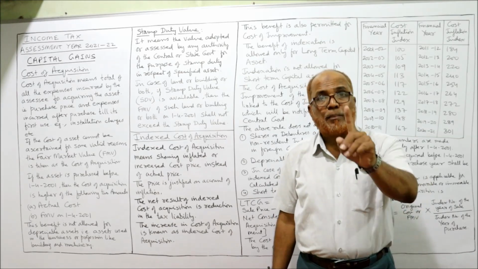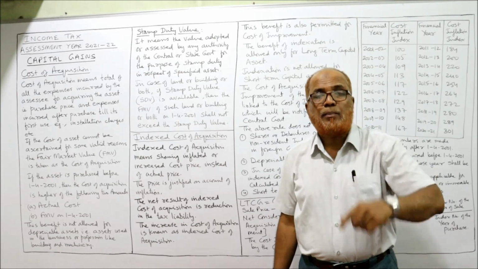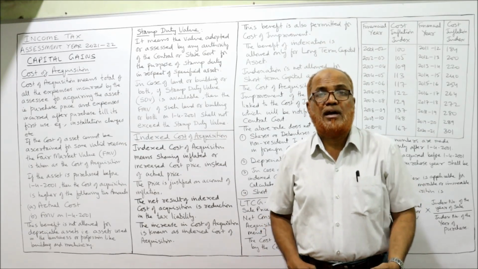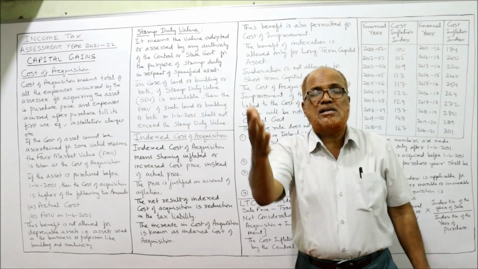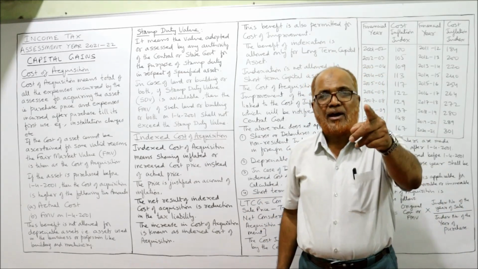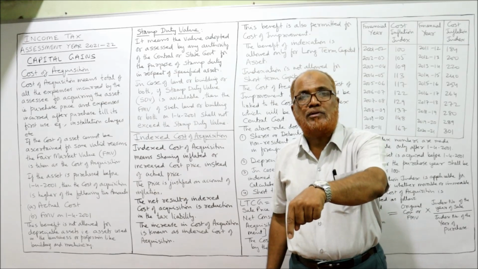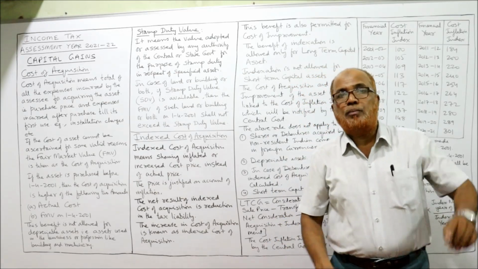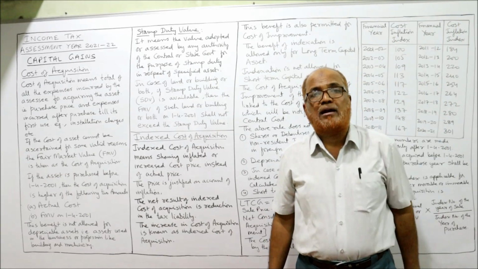That means 19 lakh rupees is the capital gain. He has to pay a huge tax unnecessarily, because we cannot compare 1 lakh rupees with 20 lakh rupees. You are getting 20 lakh rupees now, but you paid 1 lakh rupees 10 or 20 years back.